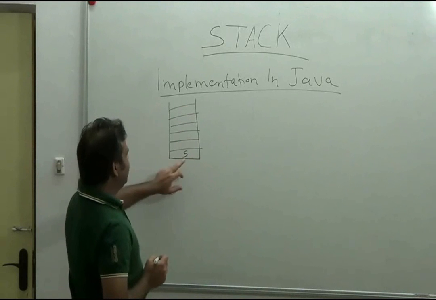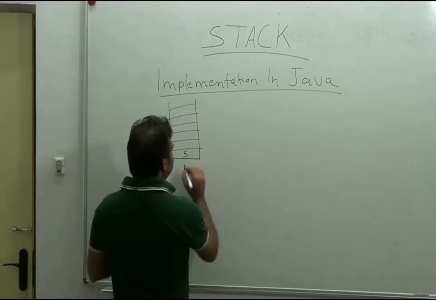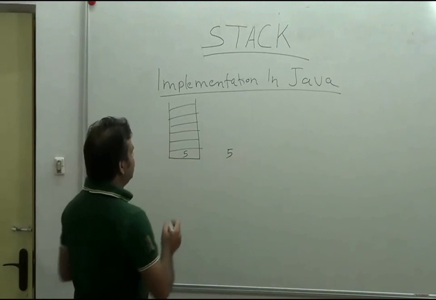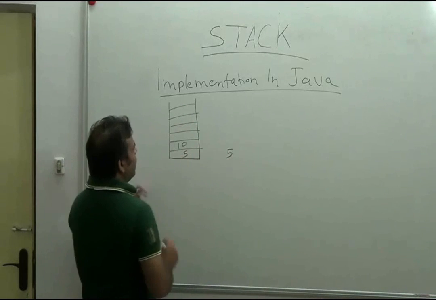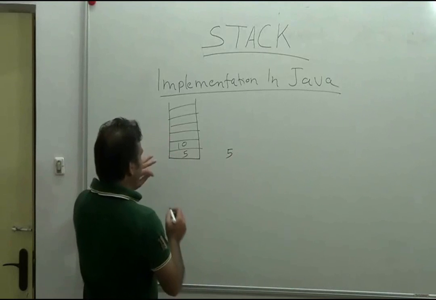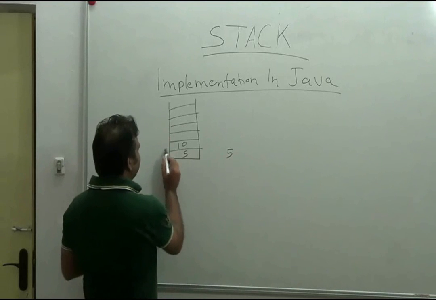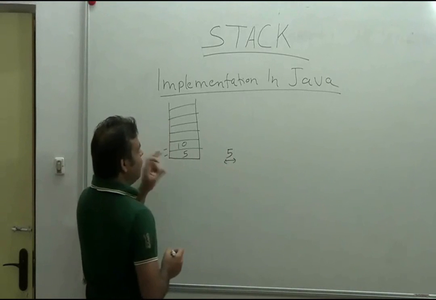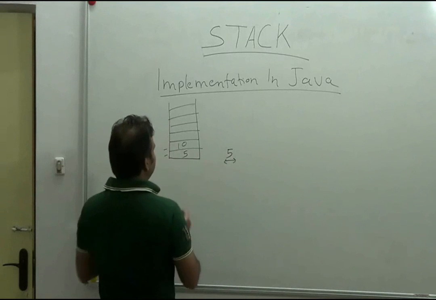So you have an array with an element 5. What is the minimum of the elements in the array? It's obviously 5. Now you add 10. So you have a stack with elements 5 and 10. The minimum of 5 and 10 still remains 5, so the getMin function should return 5.